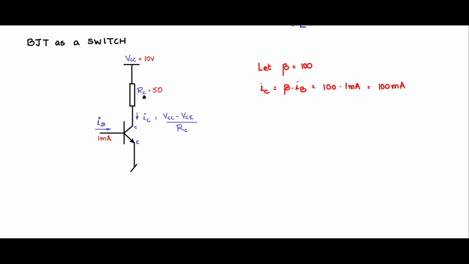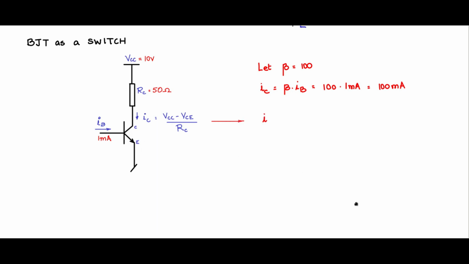So now let me declare here the resistance value RC in the collector is equal to 50 ohms. So now let us look at some numbers. There is a collector current of 100 milliamps flowing here. So there is a drop across this RC of 50 ohms, and applying Kirchhoff's law, 10 volts is equal to the drop across this plus the VCE drop.